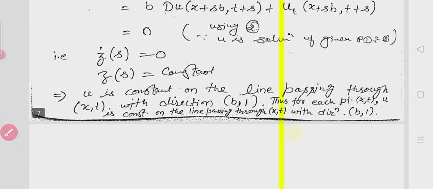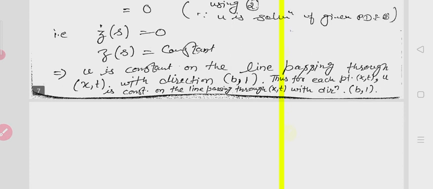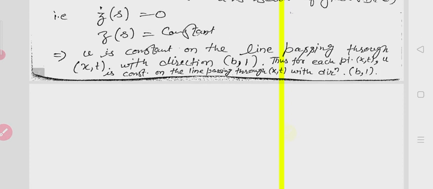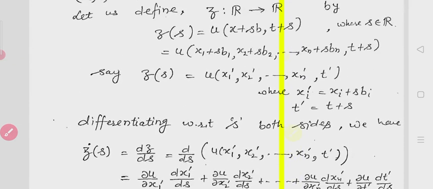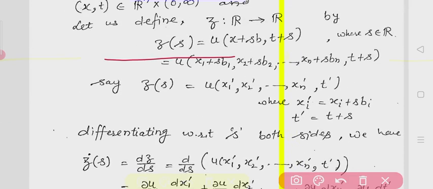If z of s is constant for any value of s, then u is constant, because z of s is equal to u, as you defined over here, right?